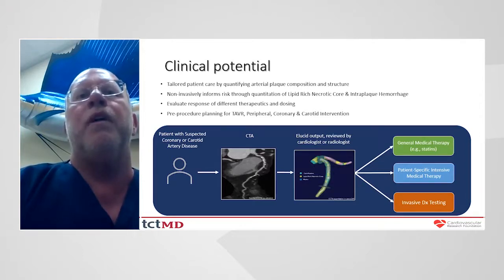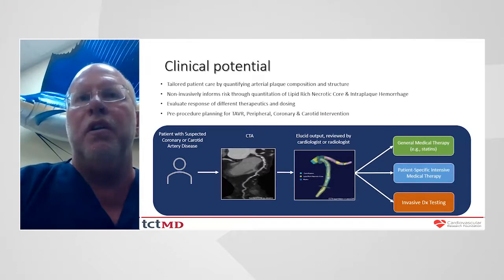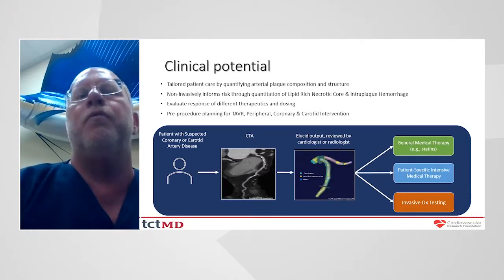And obviously in a time where we need to show our efficacy in what we're doing with our patients, that will become more and more important. It also allows pre-procedure planning for interventional procedures such as TAVR, peripheral procedures, or coronary and carotid intervention.